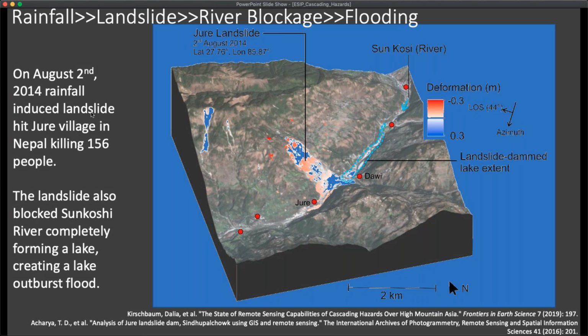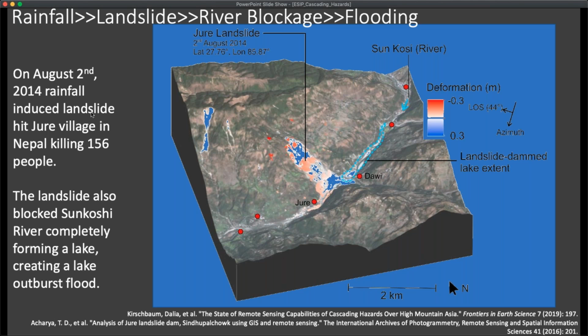Another, I think, classic example of a rapid cascading event is something, again, that Dalia has been working a lot on, the rainfall-induced landslides. And in this case, what I'm showing you here is the Jure landslide that took place in 2014 in Nepal.